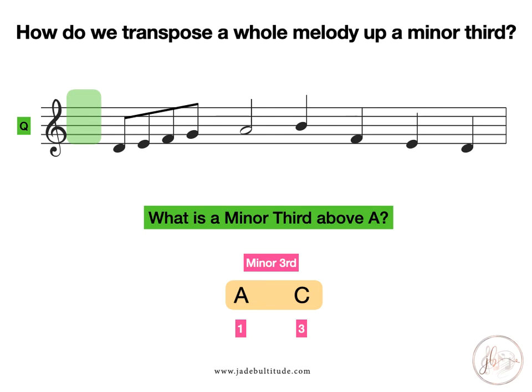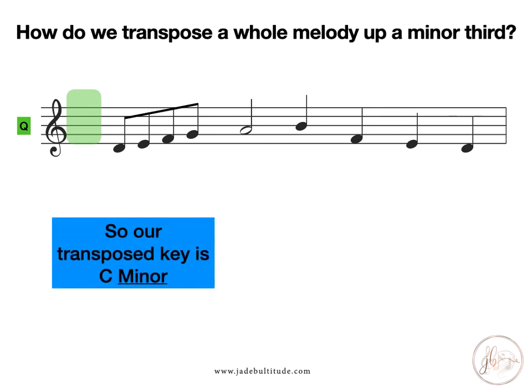If you are starting with a major, your transpose key will be major. For this exercise, we are starting with A minor, and a minor third away from A is C. So our transpose key is C minor.